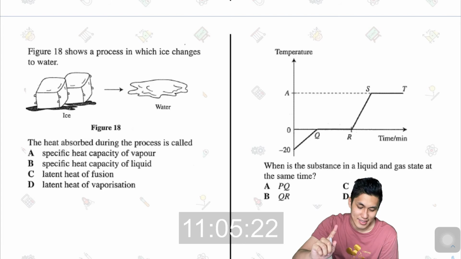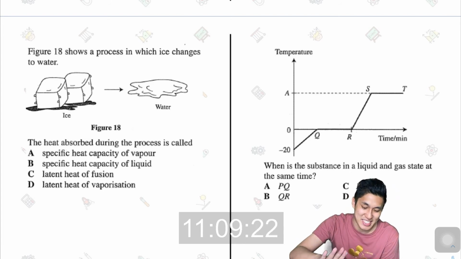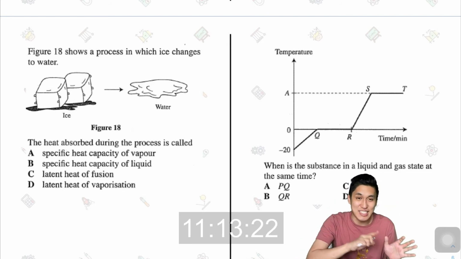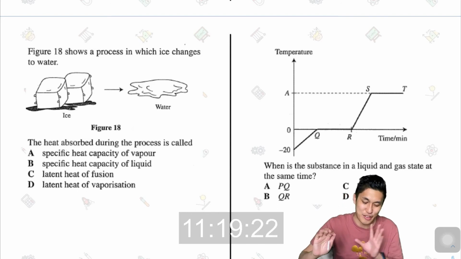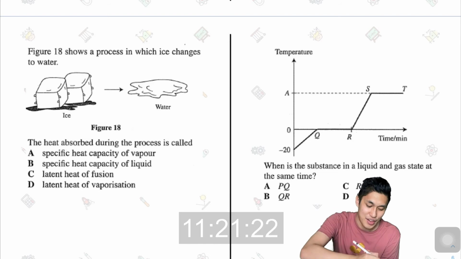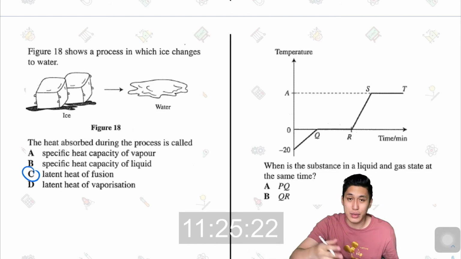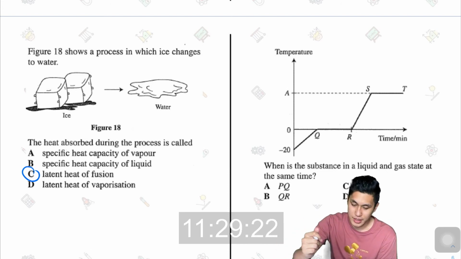Latent heat. Yeah. So it's not specific. Definitely not specific capacity because that is the mc theta. Right, when you change from ice to water, you do not get a temperature change. Okay, so it is a latent heat. I don't know why I confused myself there. So latent heat of fusion. Okay. From solid to liquid. If it goes from liquid to gas, right, like water to steam, that's latent heat of vaporization.